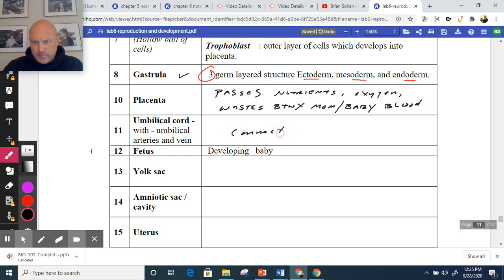Of course, the umbilical cord connects the embryo or the fetus to the placenta.